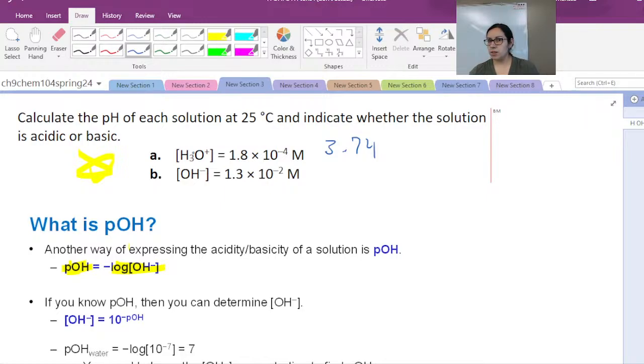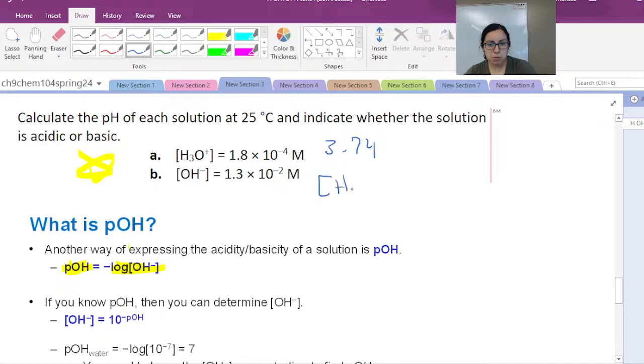Did we try anything? Did we get an answer? Brooke, any thoughts? Well, isn't OH plus H3O supposed to equal something with 14? Yeah, so let's go with that.